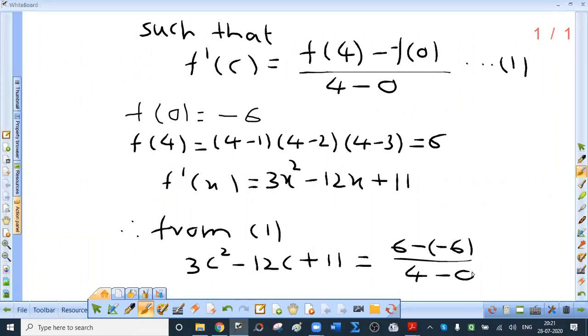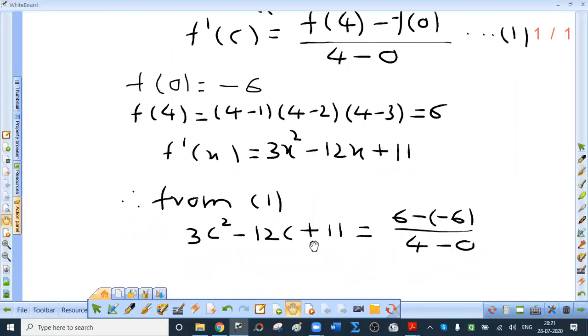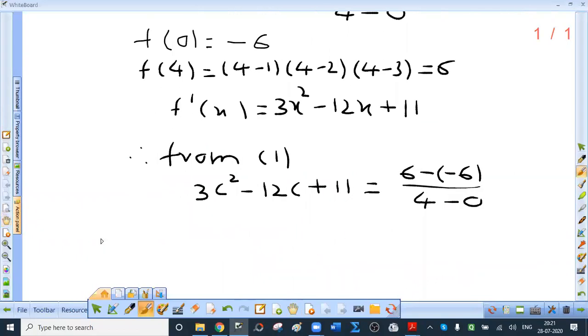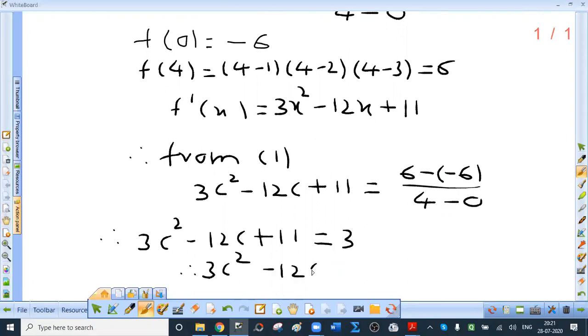Now solve this equation for c. So in the next step, 3c square minus 12c plus 11 is nothing but 12 upon 4, that is 3. Therefore, 3c square minus 12c plus 8 is nothing but 0.